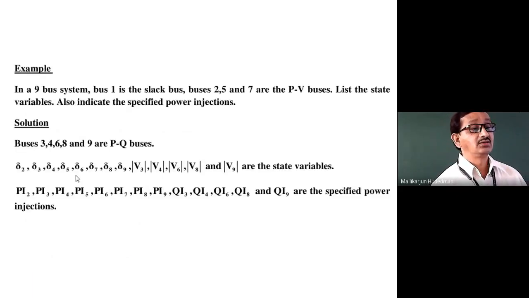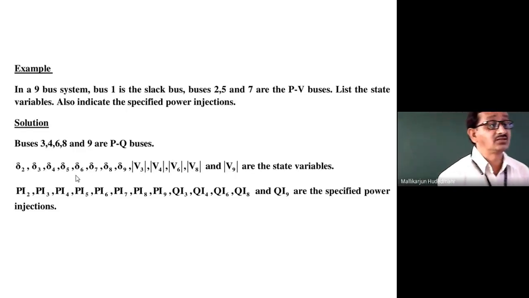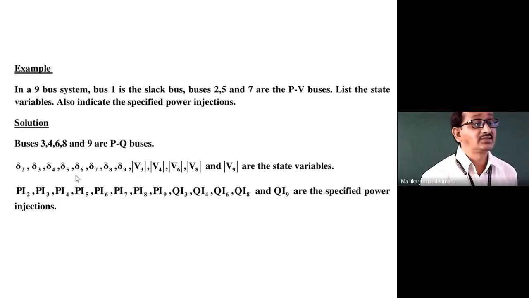Now, if I move next for a simple example, let's see an example of a 9 bus system. Bus 1 is said to be the slack bus. How many are left? 8 buses. Of the 8 buses, look into that. 2, 5, 7 are generators, 2, 5, 7 are PV buses. The state variable also indicates a specified power injection.